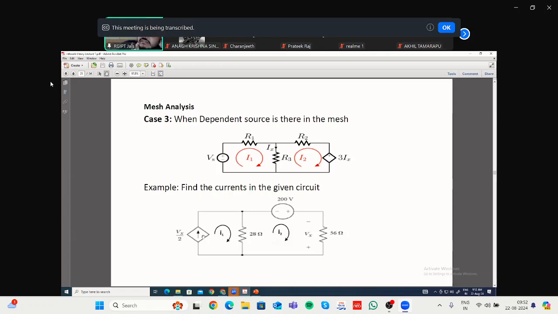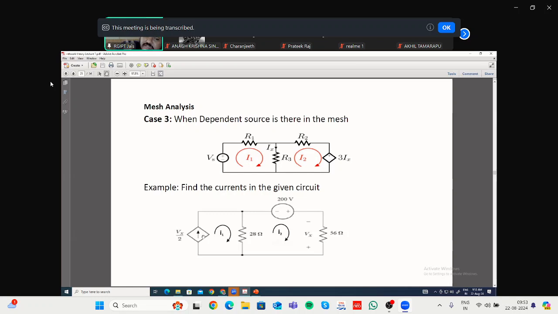Then again you can see mesh 1 and mesh 2. For the two meshes you have to assign unknown currents. So I1 we are assigning for mesh 1, and I2 we are assigning for mesh 2.